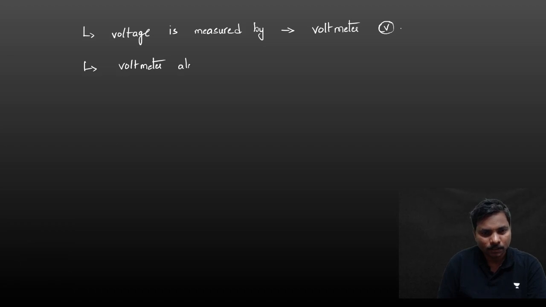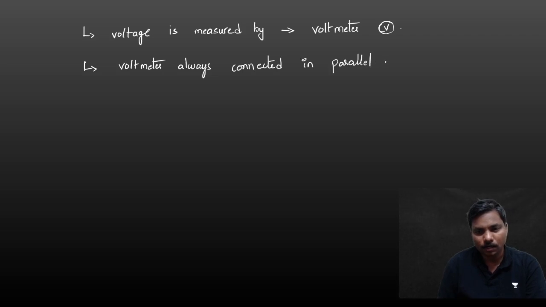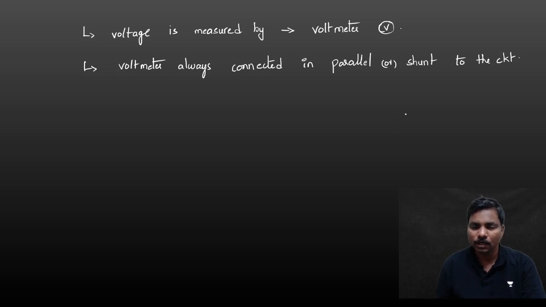Voltmeter is always connected in parallel, or you can also say in shunt to the circuit. Okay, that means if you want to measure the voltage across any bulb, we have to connect in shunt or parallel.